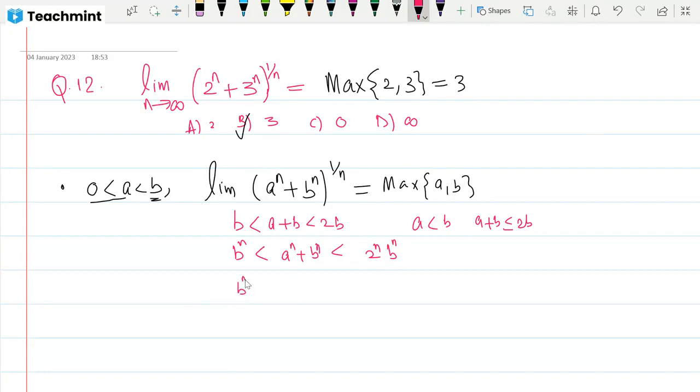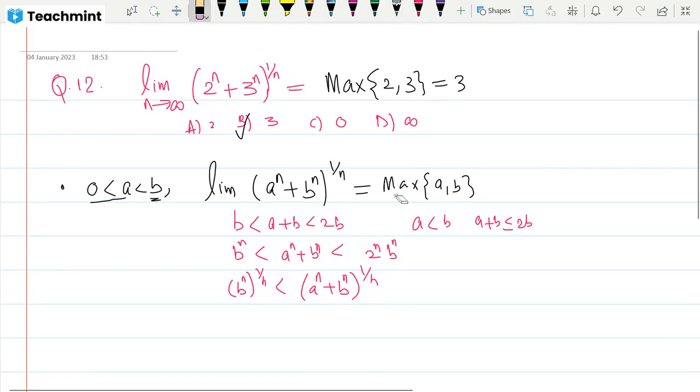So this is B power n whole power 1 by n is less than A power n plus B power n whole power 1 by n. So I think there is no power of 2 here. 2 is enough for me. So this is less than 2 times B power n whole power 1 by n.